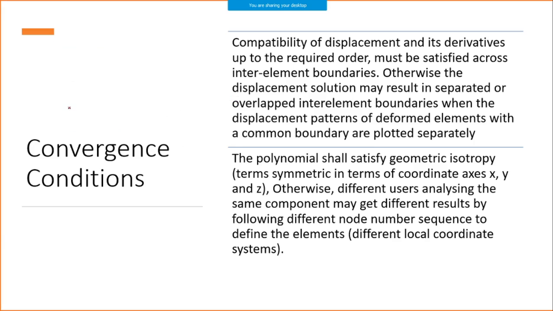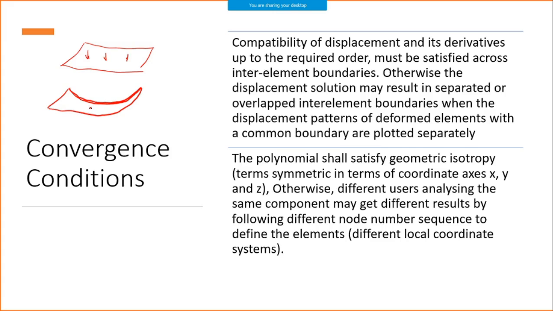In some cases we may need a C2 type of compatibility, that is higher order. That is for a plate type of element. If my plate is like this and I apply the force, the plate will deform in this fashion.